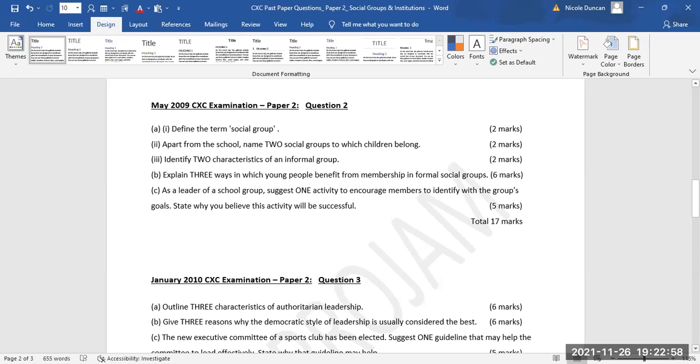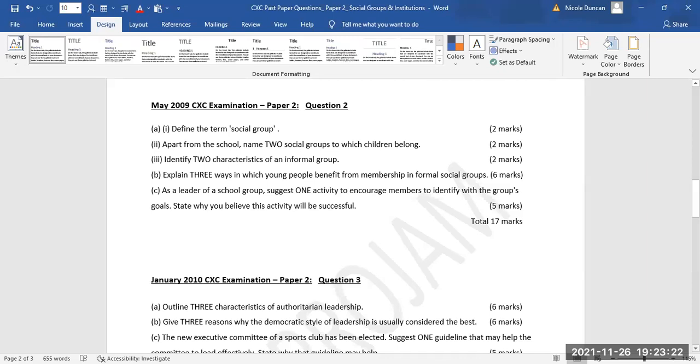And we're thinking mainly of children being in the group. But I don't think you would get it wrong anyway. Any other you can think of? Youth club, 4-H club, key club.